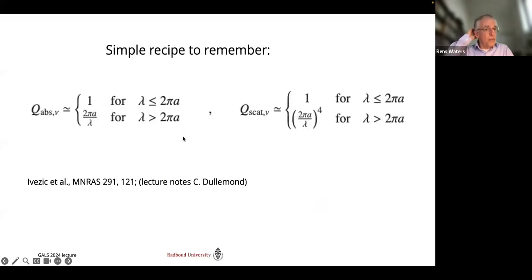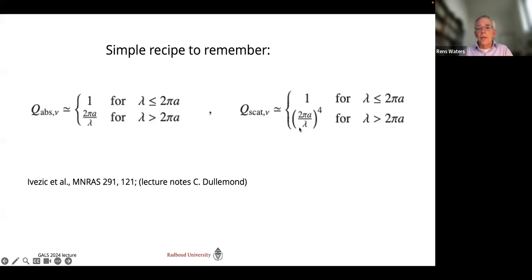But to make life easy, there's a simple recipe to remember that Q absorption is typically 1 for wavelengths that are small compared to the size of the particle, and it goes as 2 pi a over lambda for wavelengths much larger than the particle size. And Q scattering again goes to 1 for lambda smaller than 2 pi a, and it goes as a to the 4 but lambda to the power minus 4 for wavelengths larger than the size of the particle.